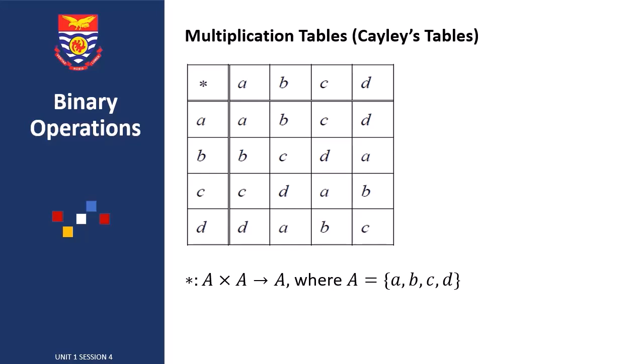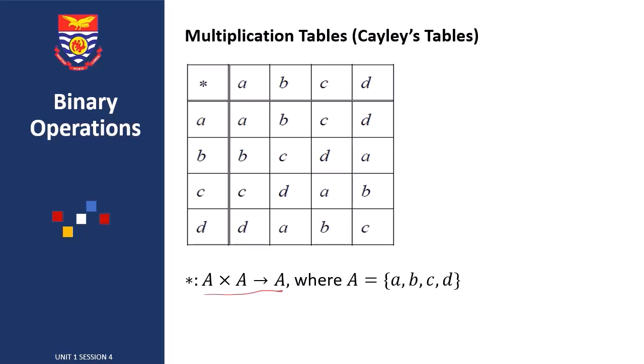The following example illustrates that: we have the star operation, and the condition is that A star A goes to A, elements of the same type go to elements of the same type, where A is the set of members A, B, C, and D.